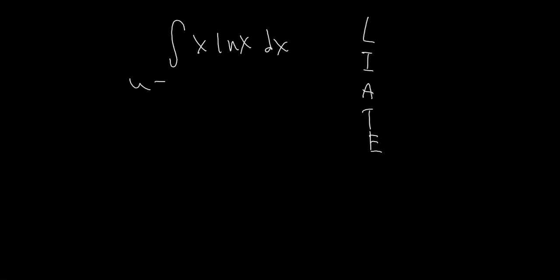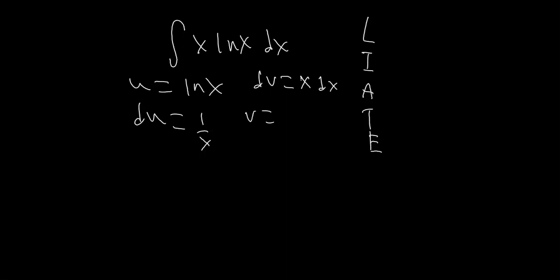So u is equal to ln x, since logarithm precedes algebraic. We take the derivative of both sides and we get 1 over x. dv is equal to x times dx, and v is then equal to 1/2 times x squared, since that's the integral of x.